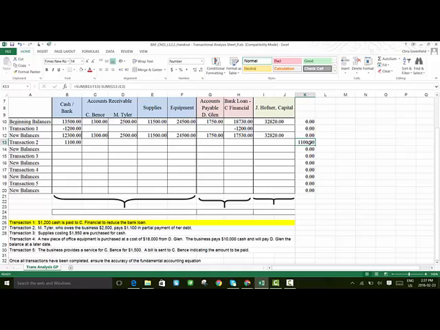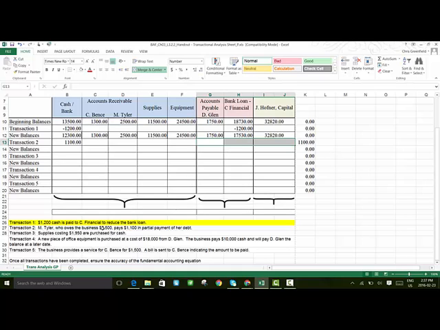It's out by $1,100. So that means that somewhere in here, I need a minus $1,100, or over here, I need a plus $1,100.